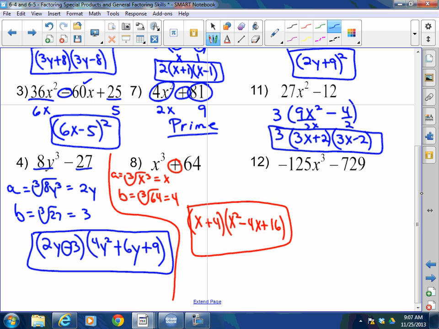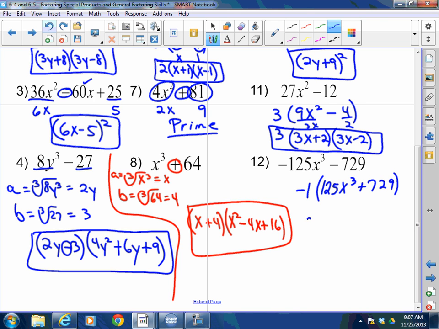Okay, number 12 is, first of all, they're both negative here. So what do you think I should do first of all? How do I make them positive? No, you can't multiply. There's not two sides here. You can't divide here because there's not two sides. You can factor out a negative 1, yes. So I got 125x cubed plus 729.